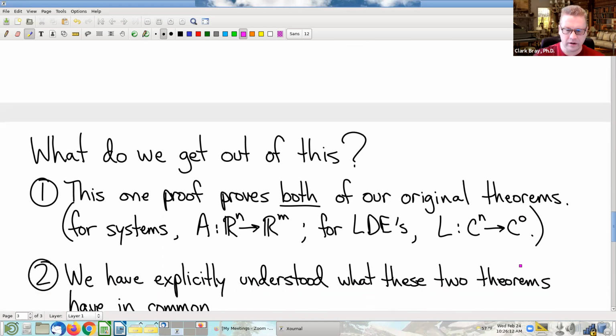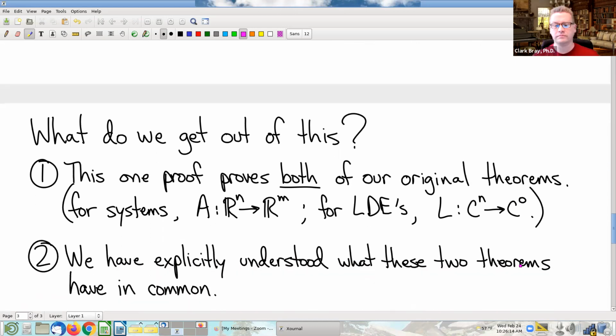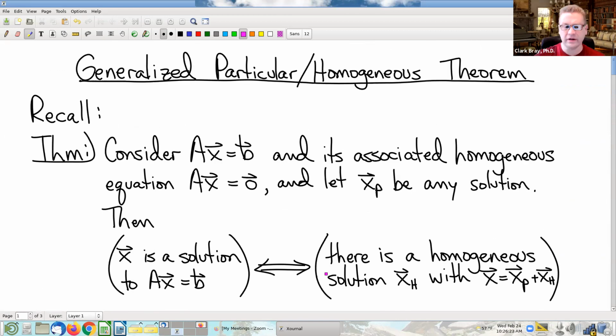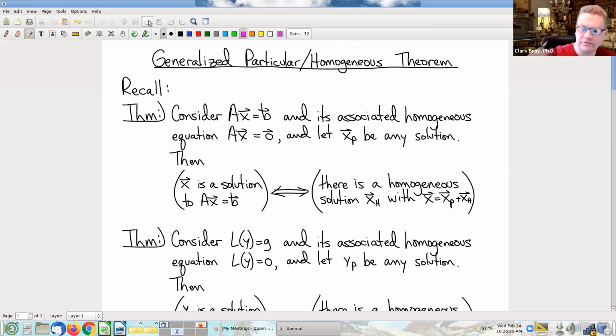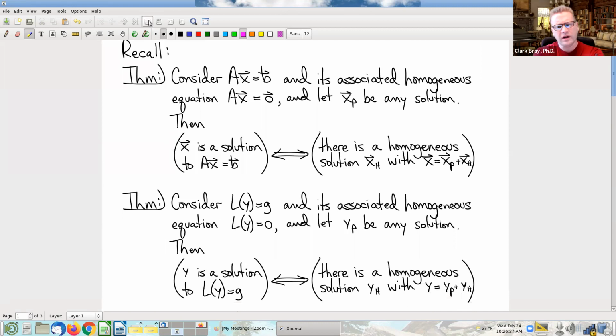Okay. More than that, though, we now have an explicit understanding of what it is that these two theorems have in common, right? If you go back to here, at the time that we first noticed this, it was an eyebrow raiser, right? Highly suspicious. Something's going on here, right? We could see that there was a connection of some sort. We didn't really have a full understanding of what it was.